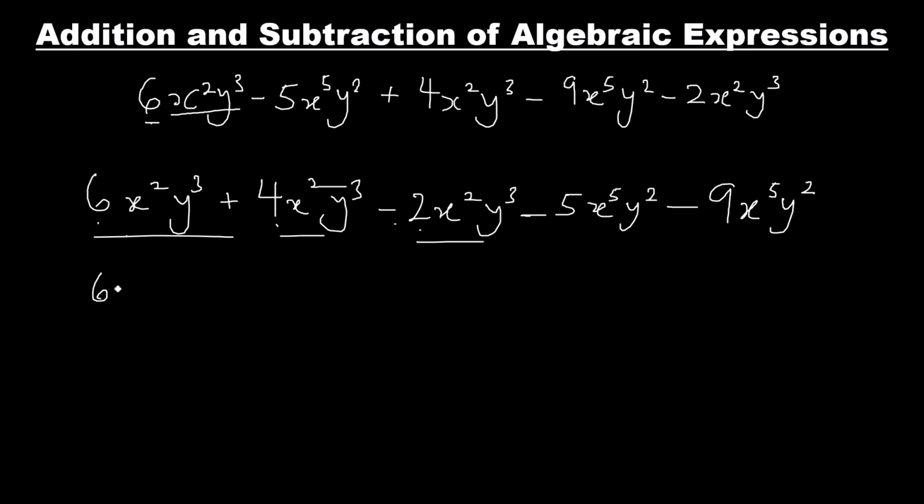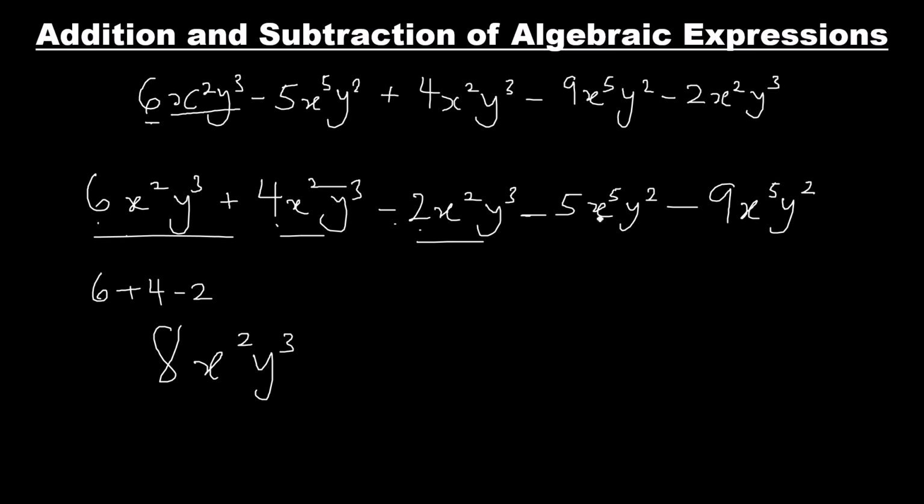So that's the step we have to actually follow. So let's do that and see. 6 plus 4 is 10, minus 2 is 8. So what that means is that we have 8x squared y cube.